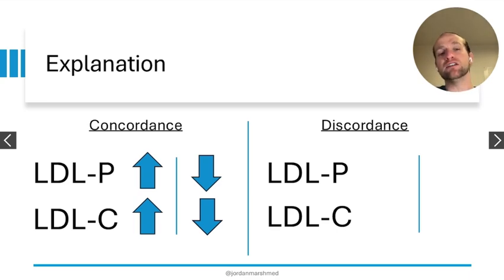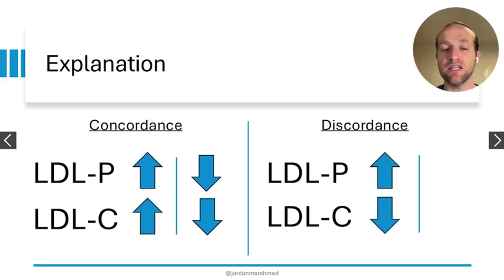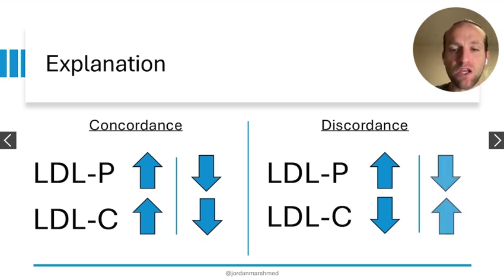When our LDL-C is high, that means our LDL particles are high, and that likely means that we may be at risk for cardiovascular disease. However, that's not always the case. So if it's discordant, that means there may be times where LDL-P is elevated and LDL-C is actually decreased, or when LDL-P is not elevated and LDL-C is increased, okay?